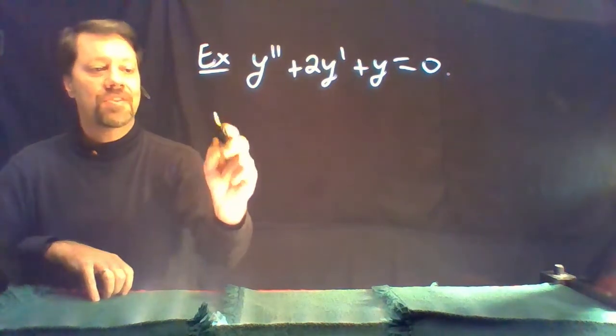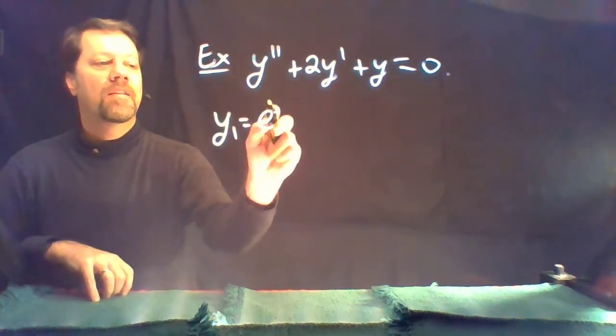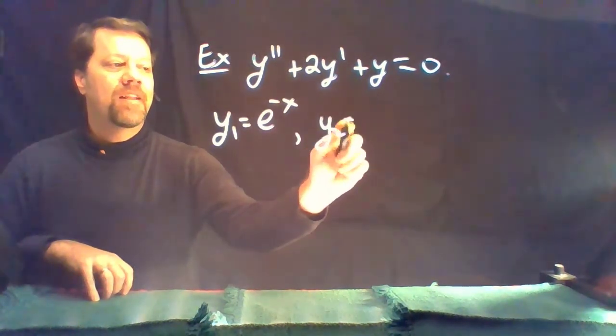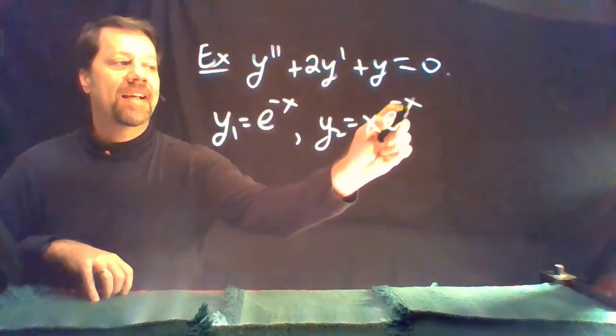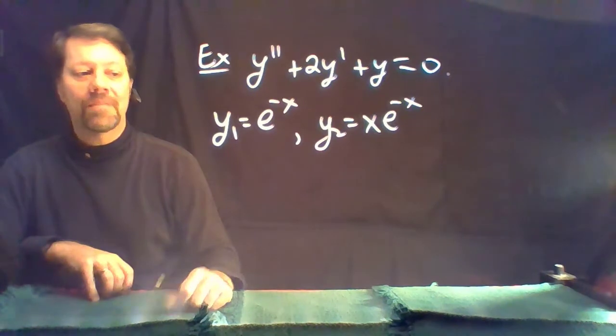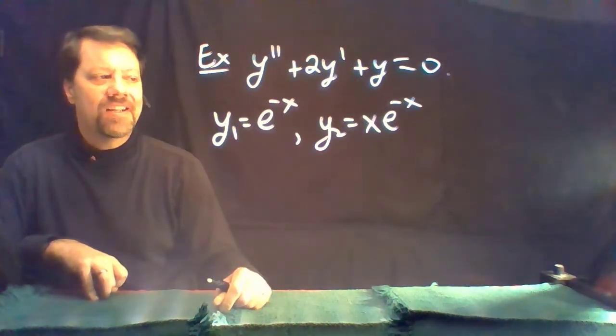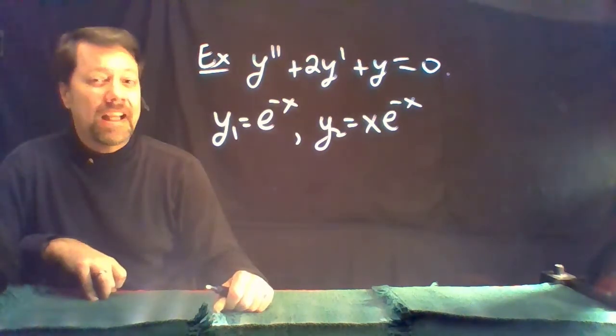Our analysis shows that if y1 is e to the minus x, then x e to the minus x is also a solution. But there's one thing we should probably check, and that is, are these linearly independent?